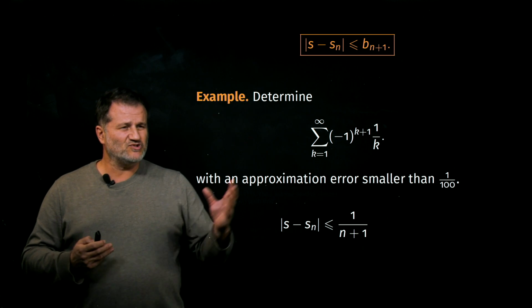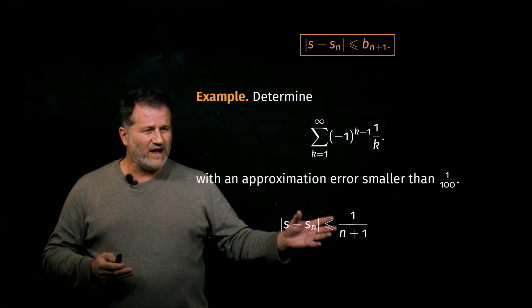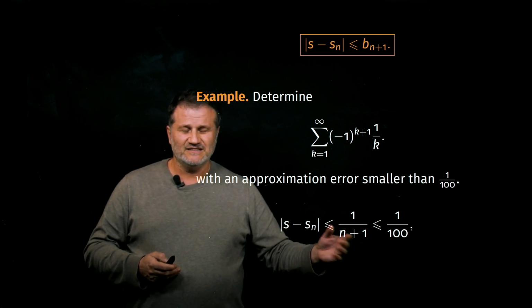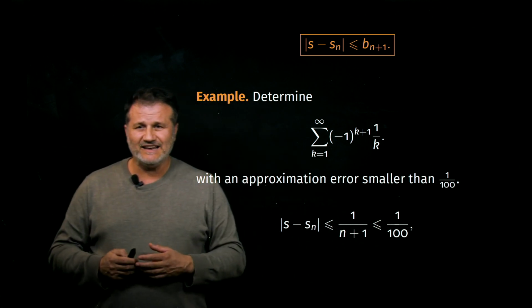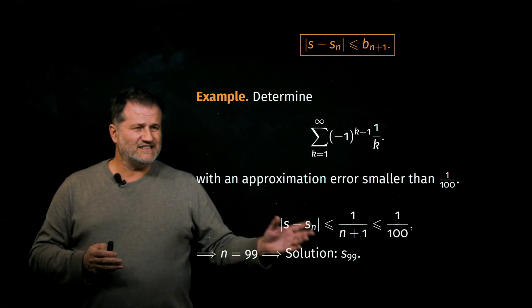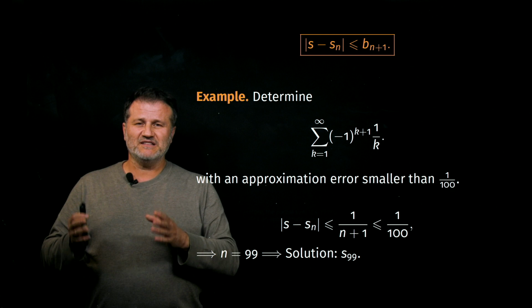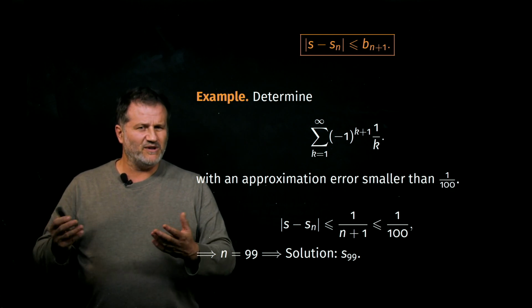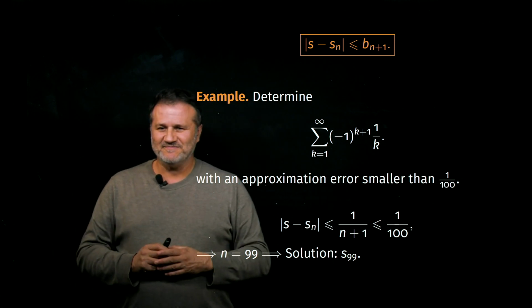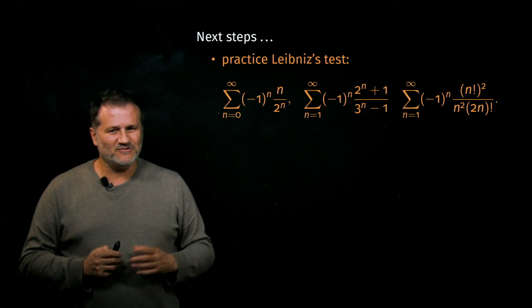So we just need to choose n in such a way that 1 over n plus 1 is less or equal than 1 over 100. That is, take n greater or equal than 99. Therefore, the partial sum s_99 provides an approximate value of the sum with an error smaller than 10 to the minus 2.